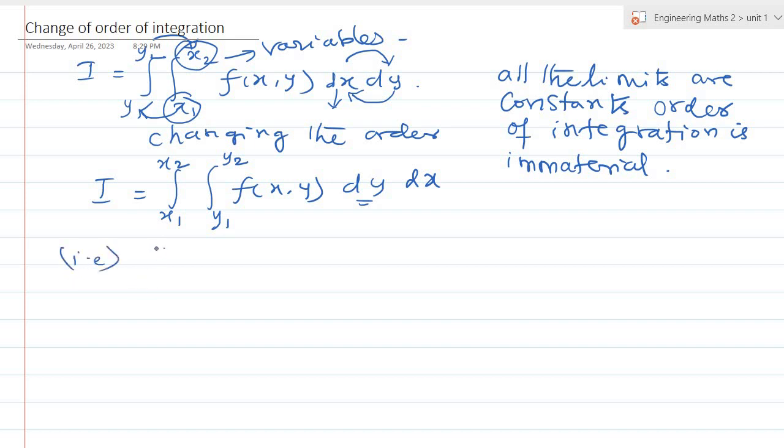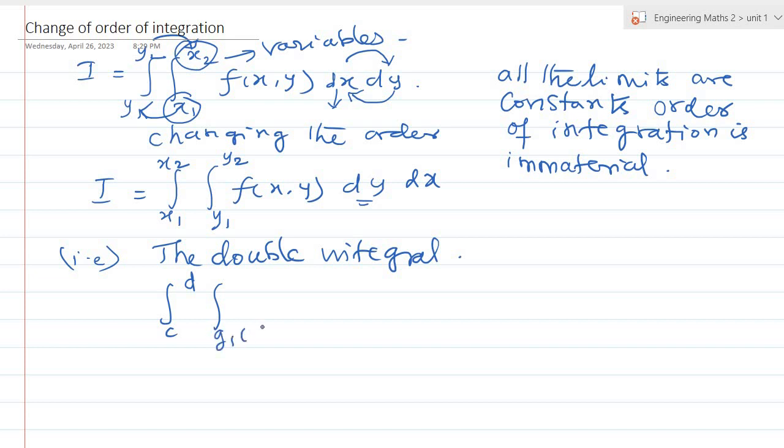That is, in case the double integral over c to d, integral over g1 of y to g2 of y, f of x comma y dx dy.